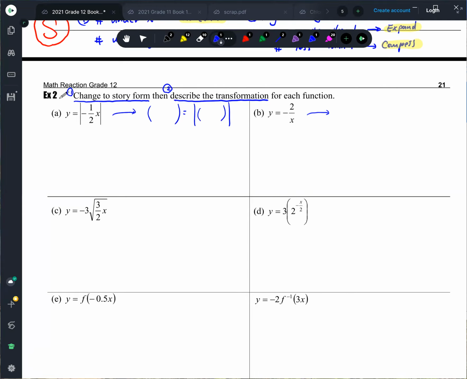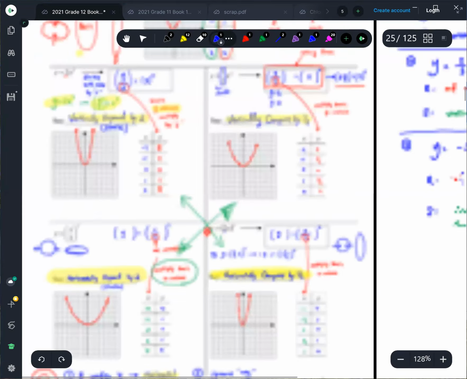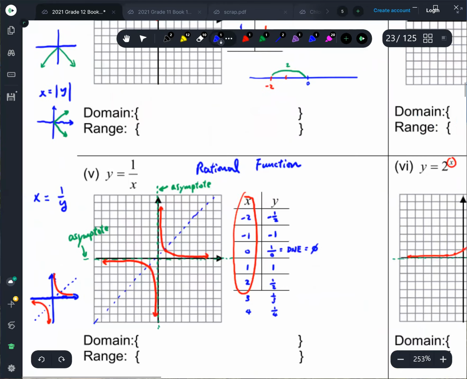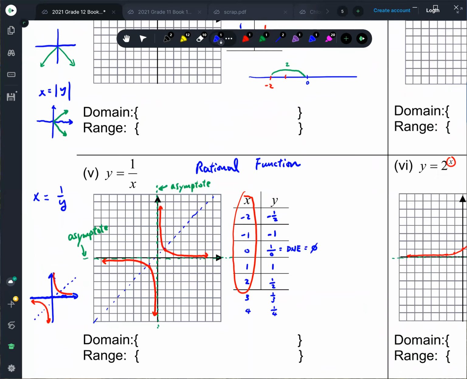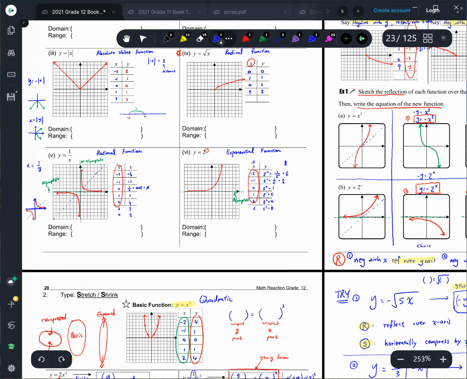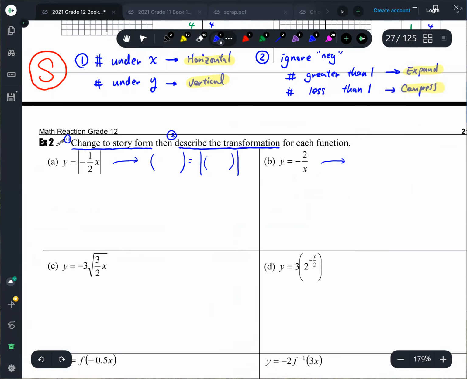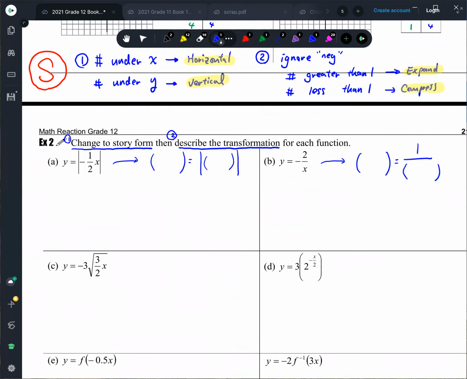So if you look at the form, let's go back to here, right? The basic is this one, y equals 1 over x. So you need to have a 1 over, right? So for that one, your form that you want to change to will be the y part equal to 1 over x part. Okay, you need to identify the basic form that we want.